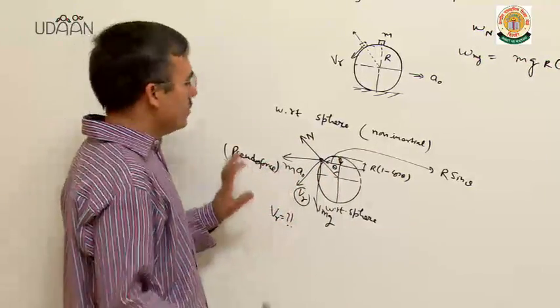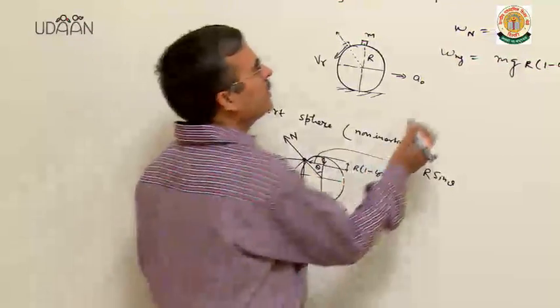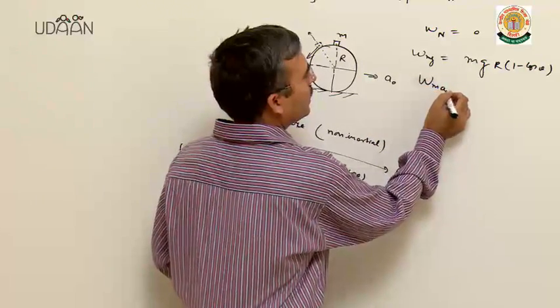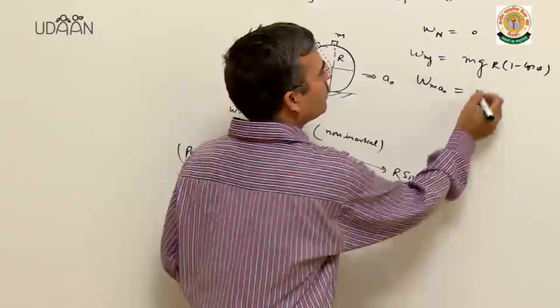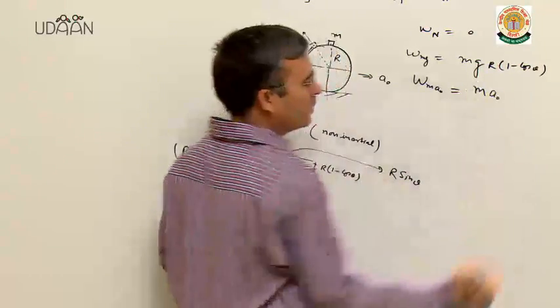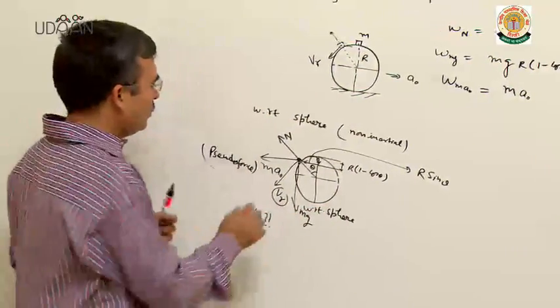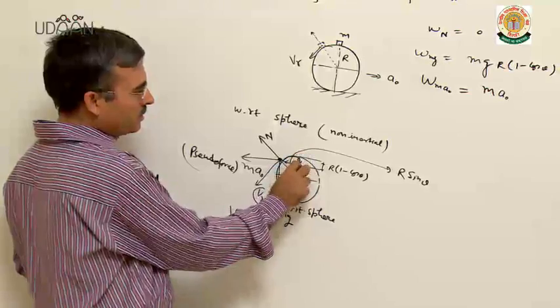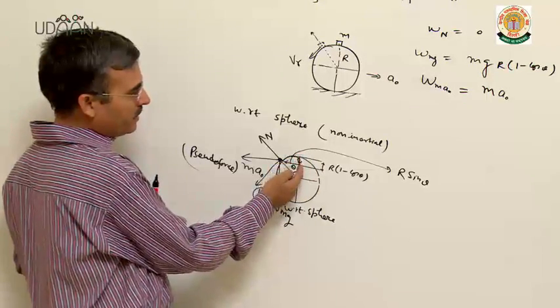Similarly work done by m a naught. Work done by m a naught, there is also constant force. So work done by m a naught will be 0 for that vertical displacement. Displacement vector will come like this, this vector plus this vector.